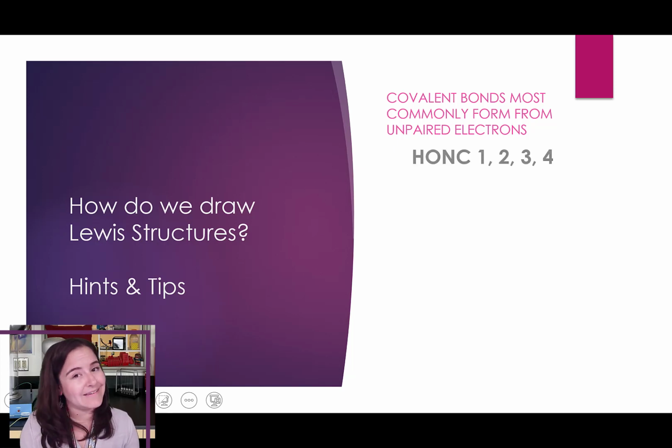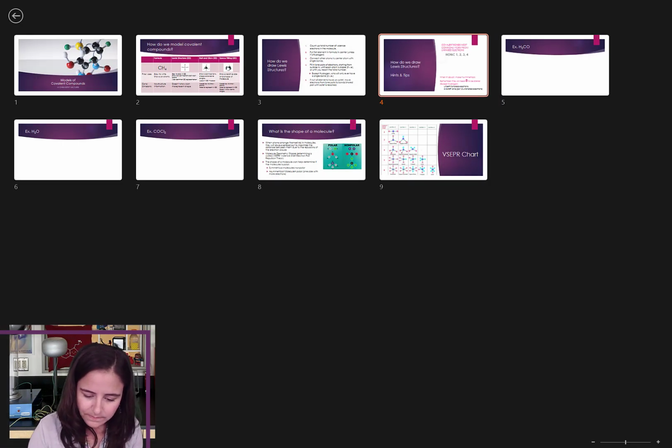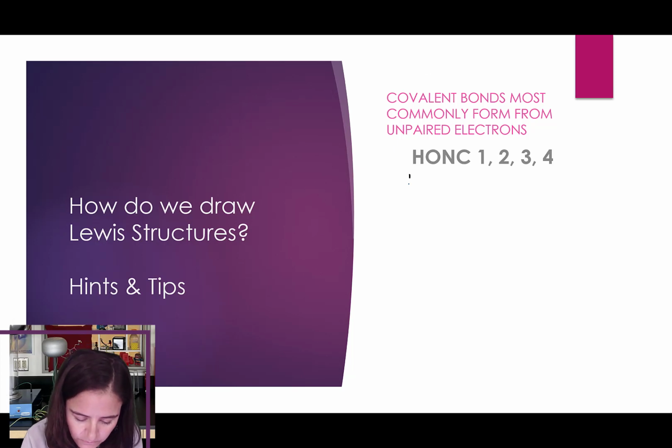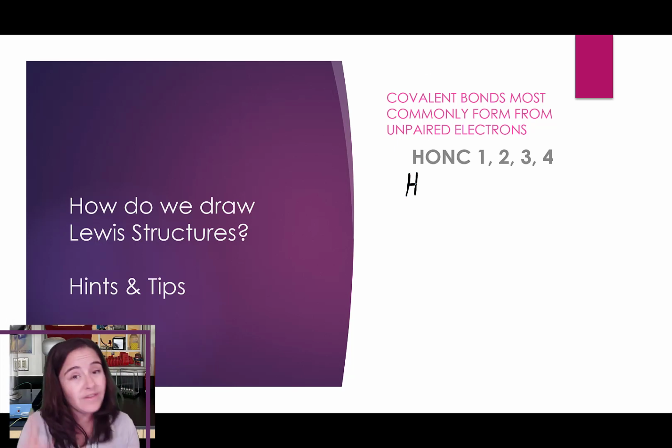So my example for this is HONC 1, 2, 3, 4. Okay, and you have to say it like that. HONC 1, 2, 3, 4. And what this tells us is that hydrogen only has 1 electron. So it tends to form 1 bond.